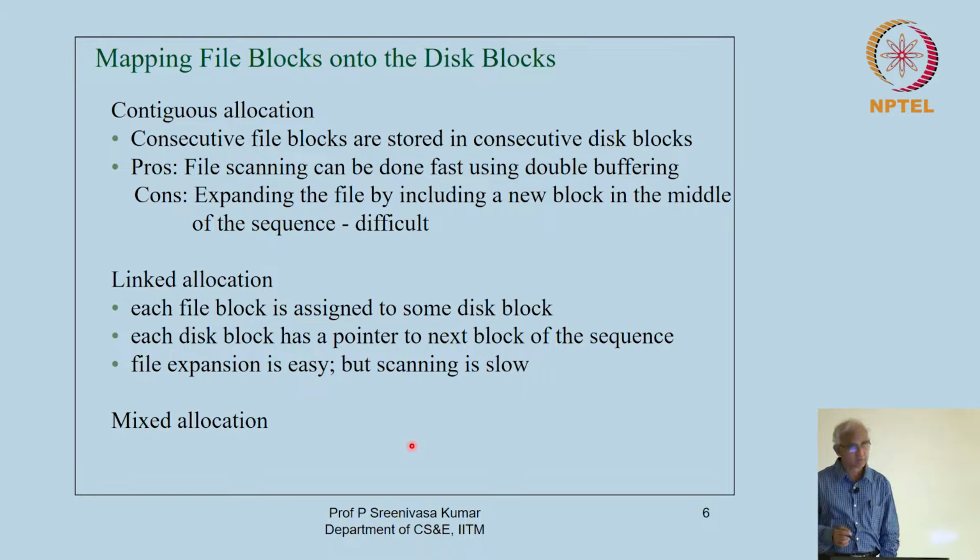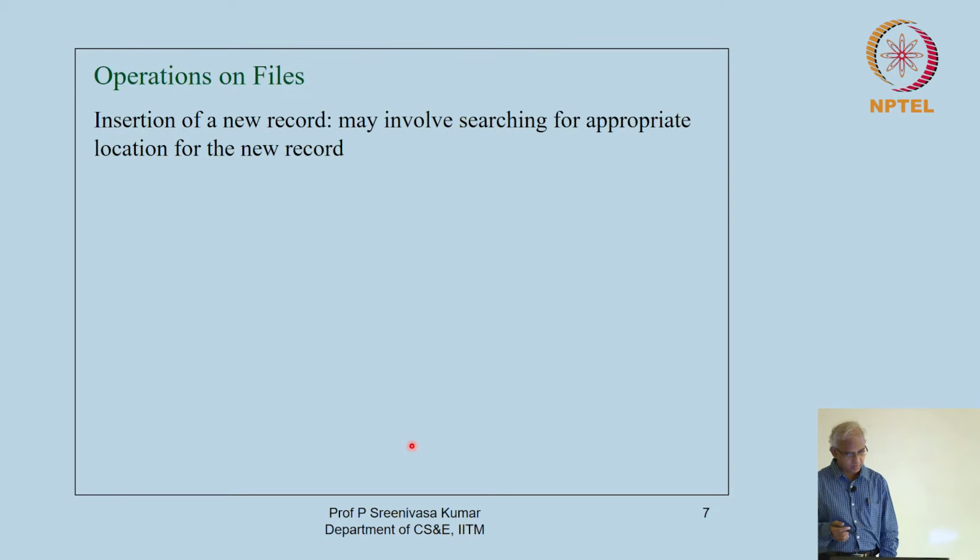Now, let's see. First thing is, let's look at the various operations that we may have to do on files, from the database perspective. Obviously, inserting a new record. If there is already a bunch of records, you want to insert a new record into the file.